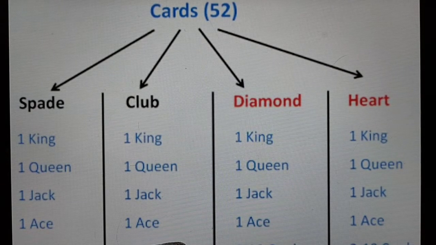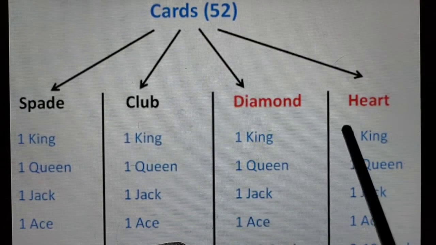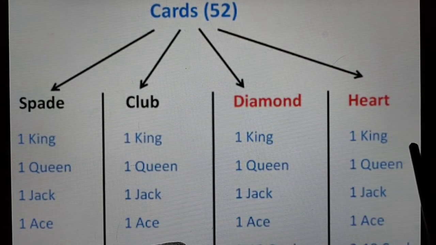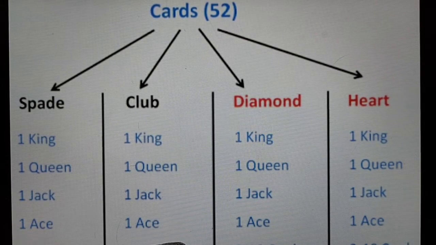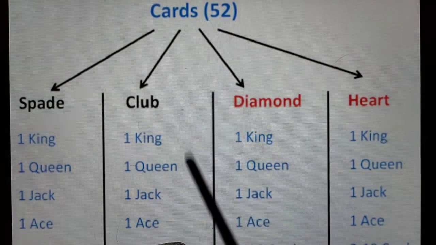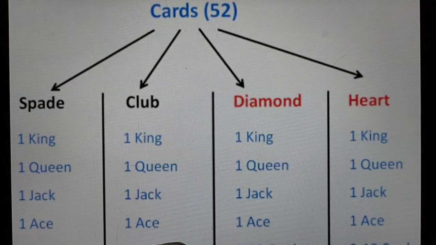Now in each suit, in the spade, in the club, in the diamond, in the heart, there is one king, one queen, one jack and one ace for each. You must note down this table of the distribution in your notebook as well. This is very important to understand.